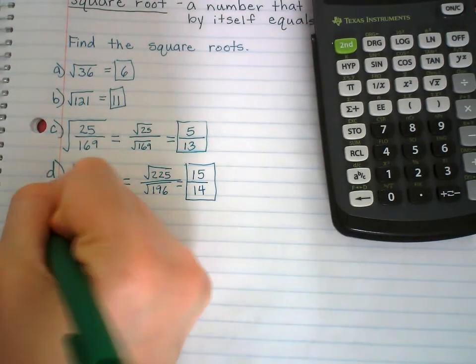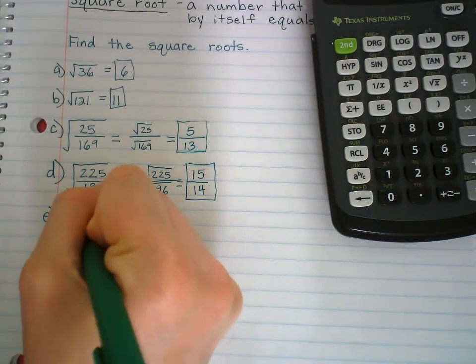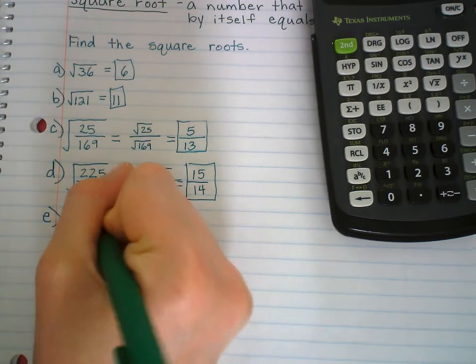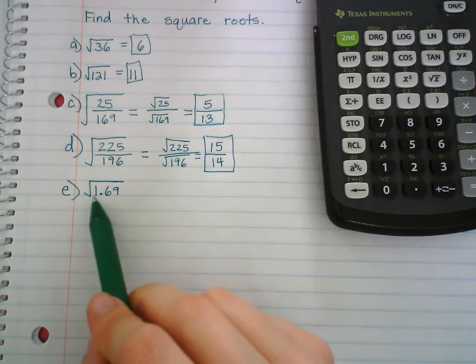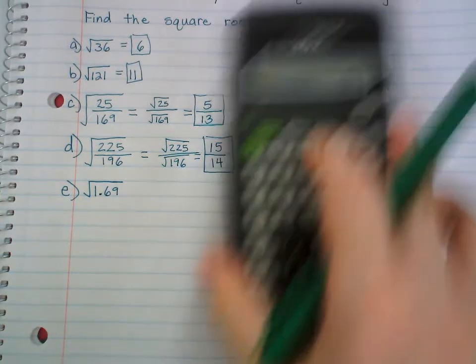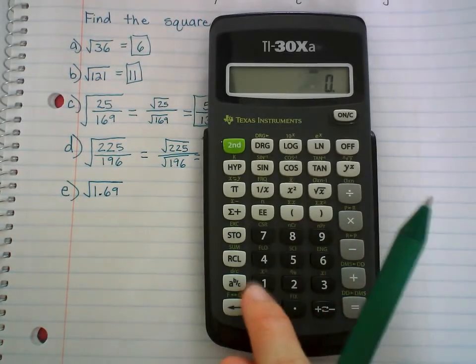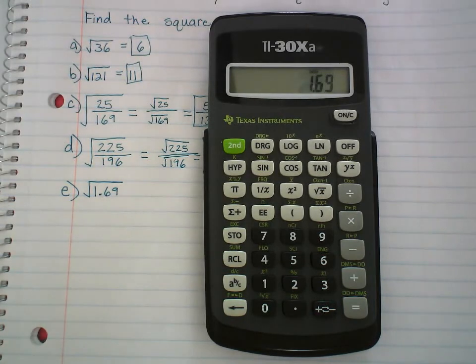Okay, sometimes they're not going to be beautiful, perfect square answers. Sometimes there'll be decimals underneath, and that's okay. What's the square root of 1.69? 1 and 69 hundredths. You can use your calculator. It'll tell you 1.3. We don't expect you just to know this in your head, okay?